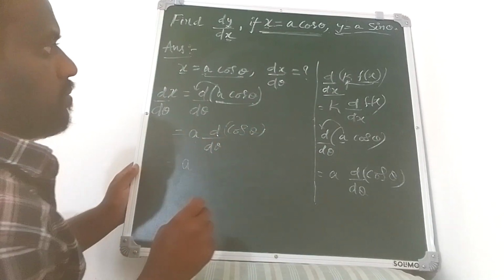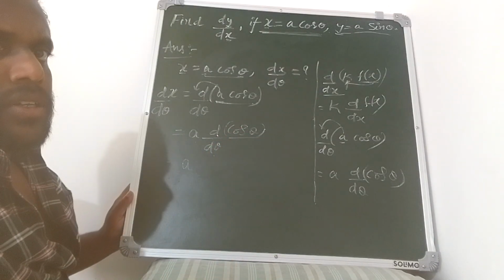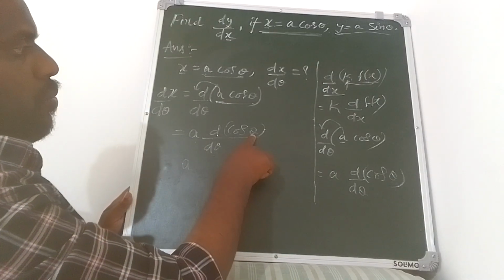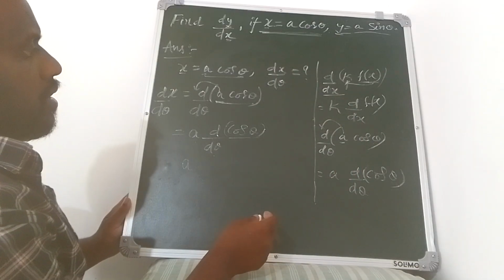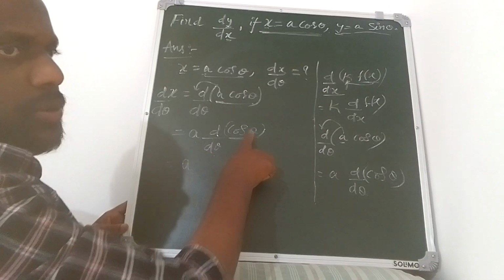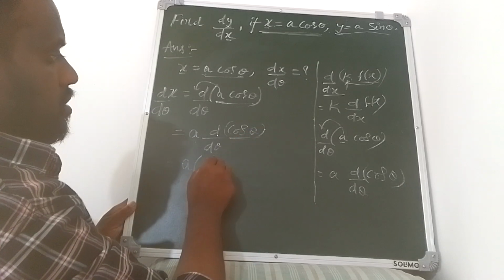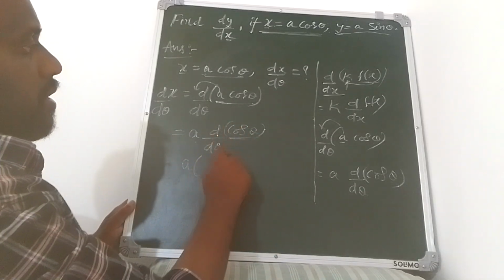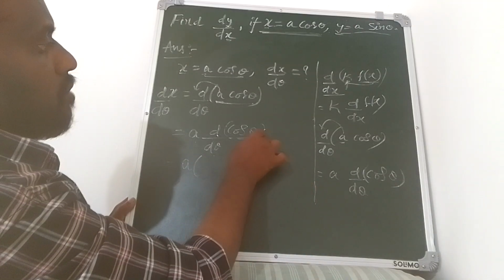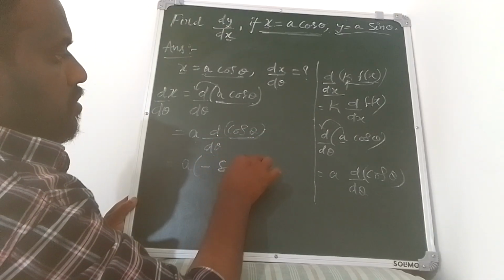Now a is constant. D by d theta of cos theta. So this is a standard formula. We have to remember. In place of theta, whether x, y or whatever. Standard formula: differentiation of cos function will be minus sine function. That means d by dt of cos theta is minus sine of this variable.